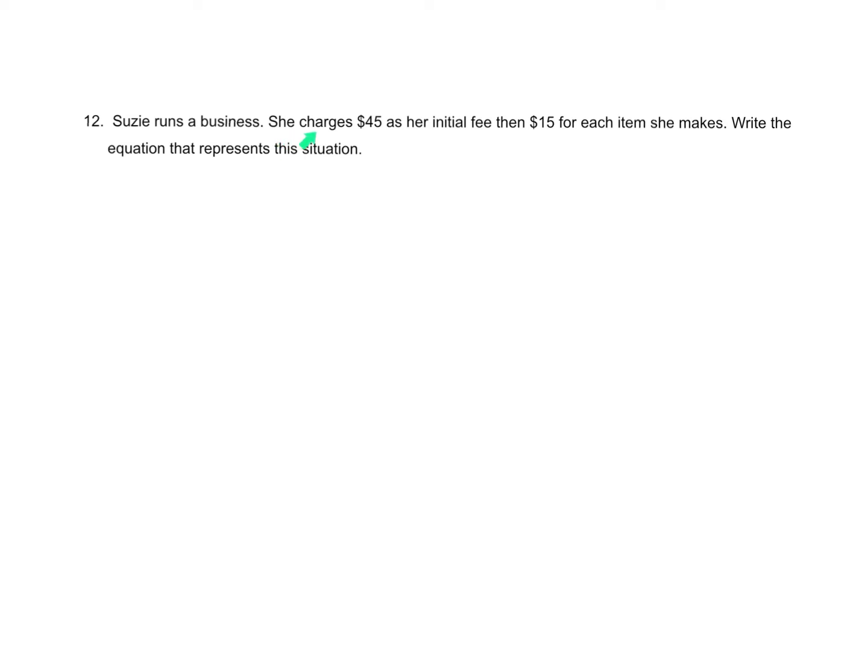But it does say that she charges $45 for her initial fee. So before she even makes an item, she's at $45. Okay, so that's going to be our y-intercept. Let me just think about it being graphed like this. Again, if she hasn't made an item, she charges that additional $45 fee, and then it starts to go up from there at $15 per item.